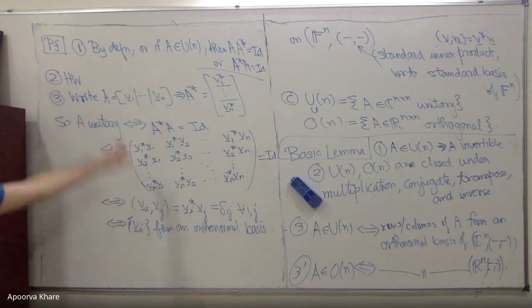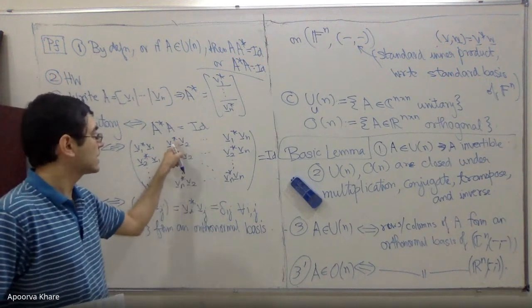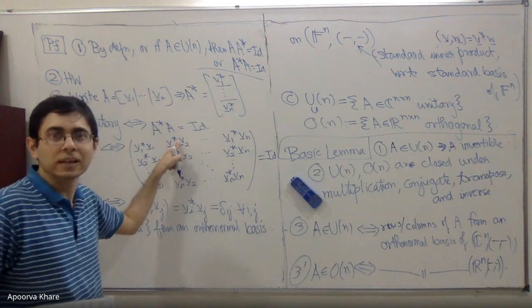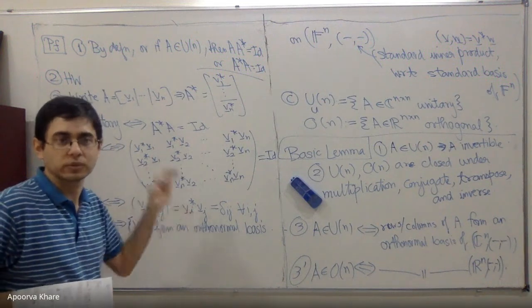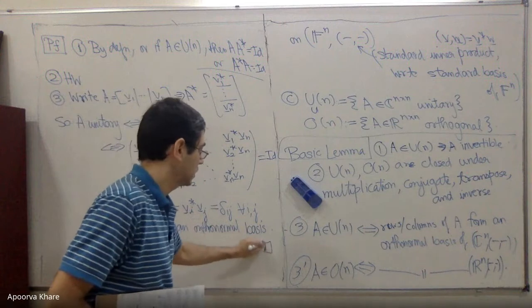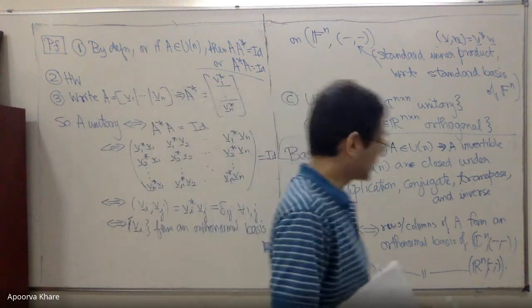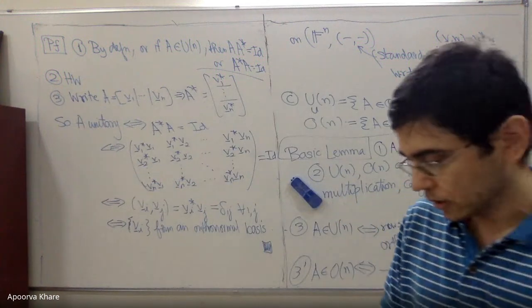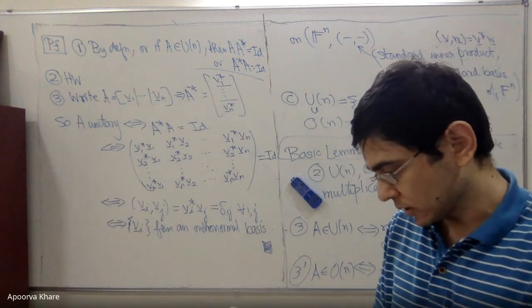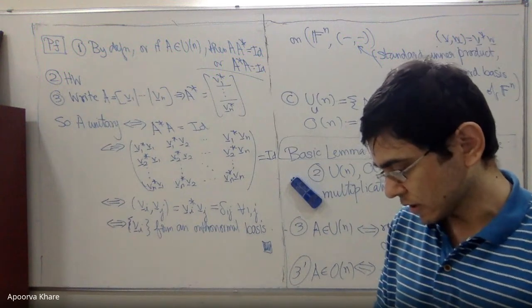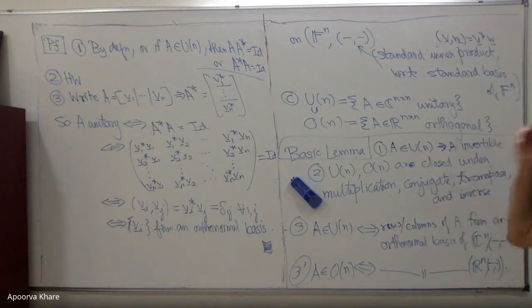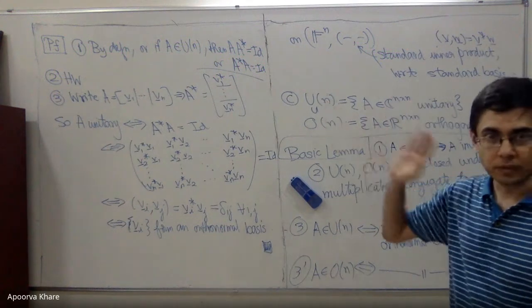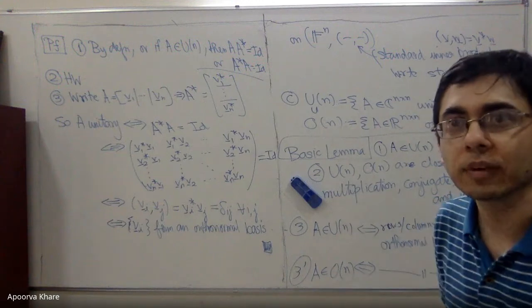Actually, this proof entirely goes through in R to the n as well, where all the stars just mean transpose, but there's nothing wrong with saying star even in R to the n, because you're taking the conjugate of a real number, so you're not changing anything. Okay, so this is the basic lemma on unitary matrices and orthogonal matrices, and that finishes the part about unitary and orthogonal matrices. Now I need to define for you the normal matrices, state the spectral theorem, and we are done.